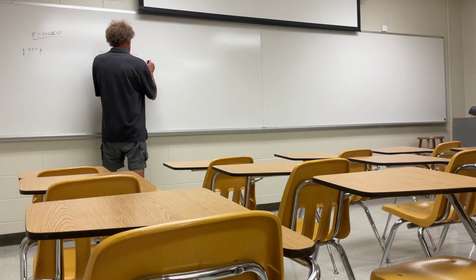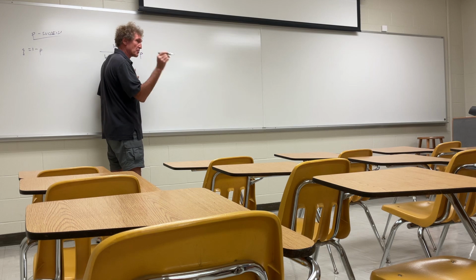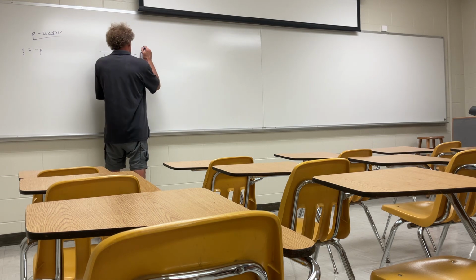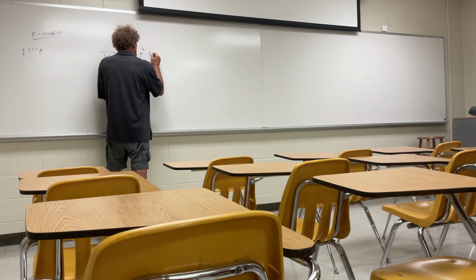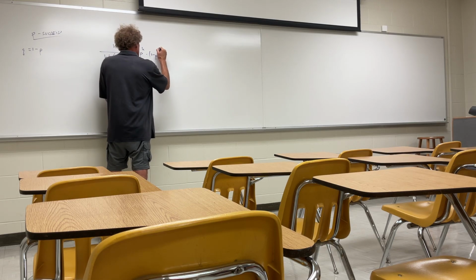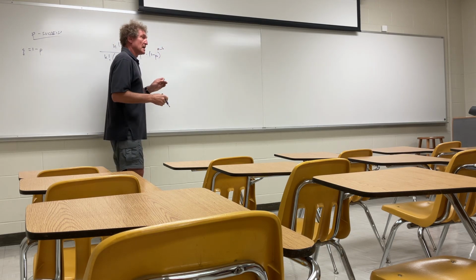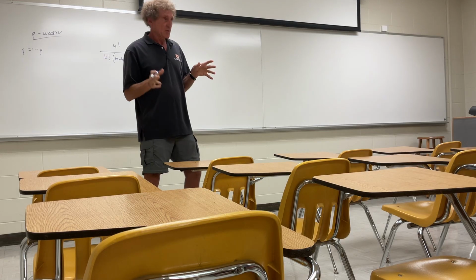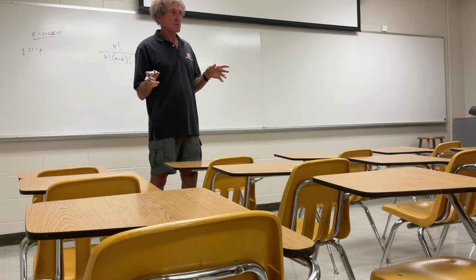Then you multiply this by p to the k, where p is the probability of the success, and then multiply this by q, or 1 minus p, to the n minus k. This is really the binomial distribution. Remember, this thing is binary, success or failure.